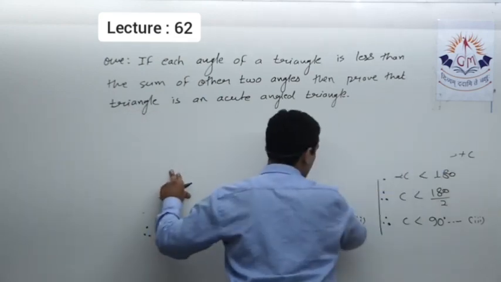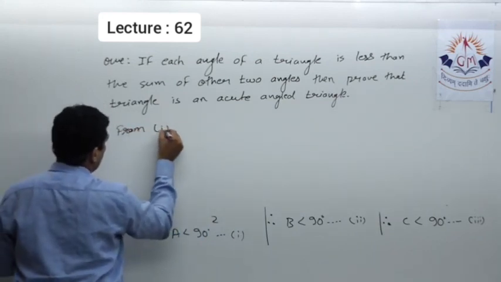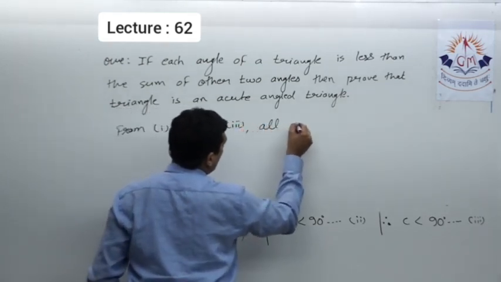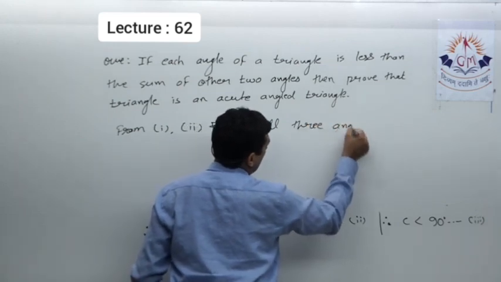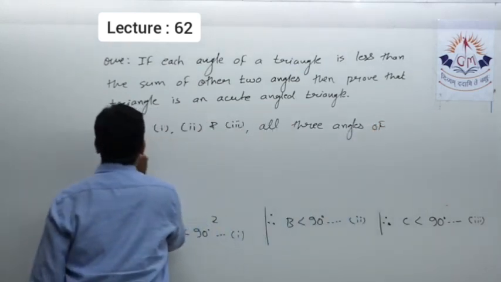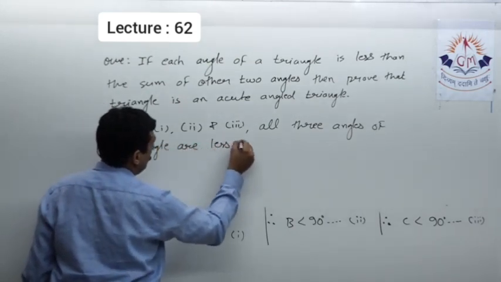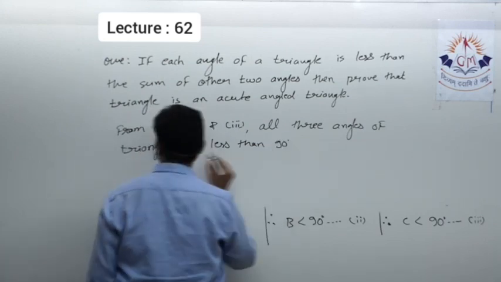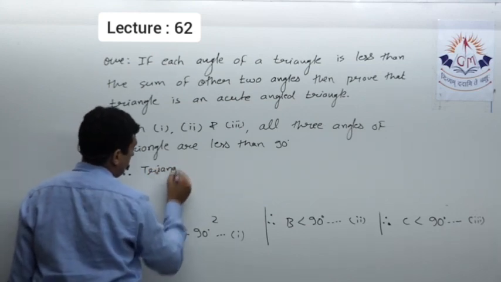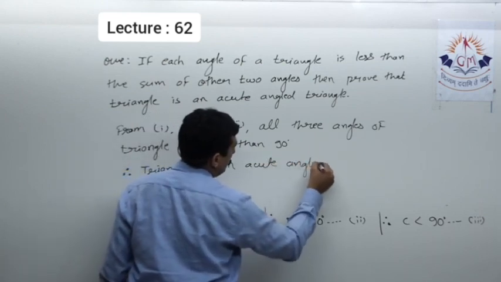Okay, so the conclusion line will be written like this. From first, second and third, all three angles of triangle ABC are less than 90 degree, therefore triangle ABC is an acute angled triangle.